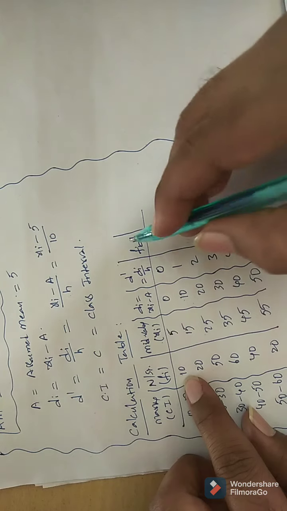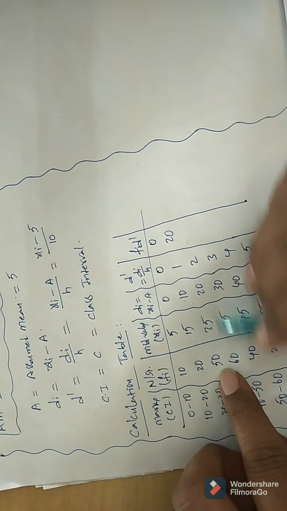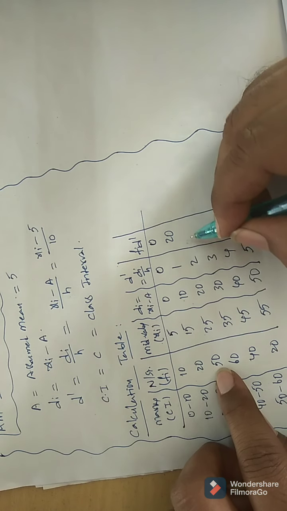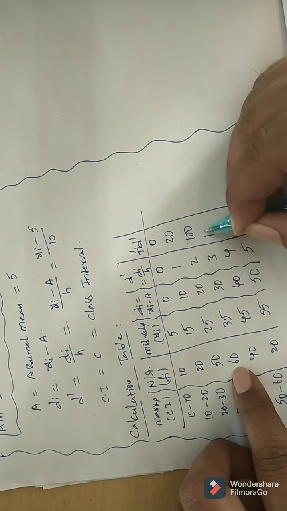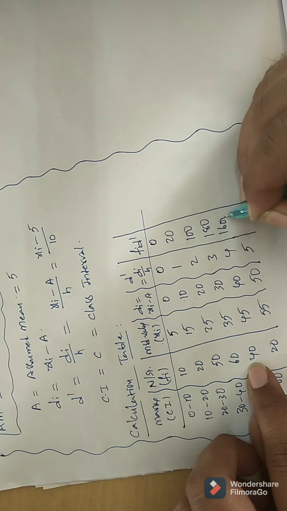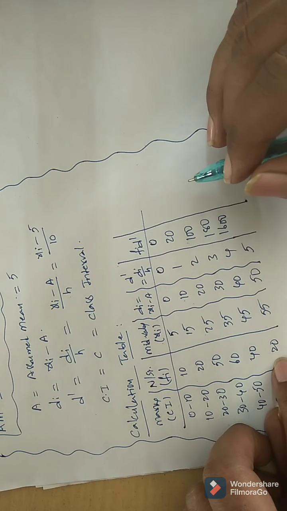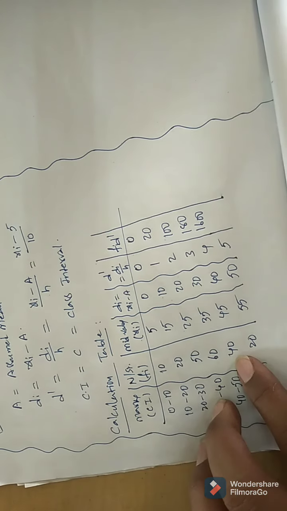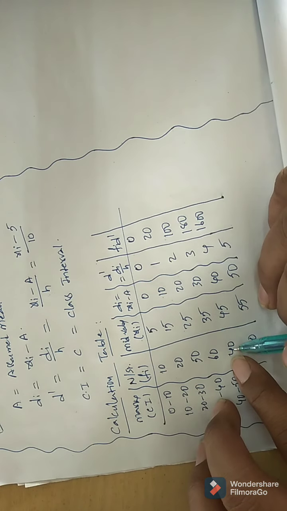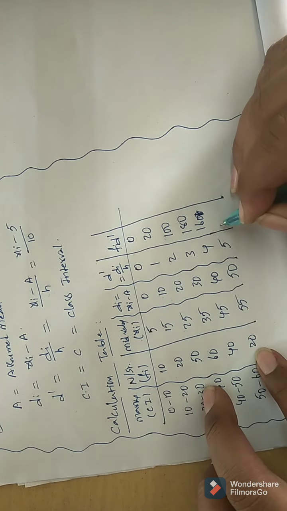So 10 into 0 is 0, 20 into 1 is 20, 50 into 2 is 100, then 180, 160, 100.